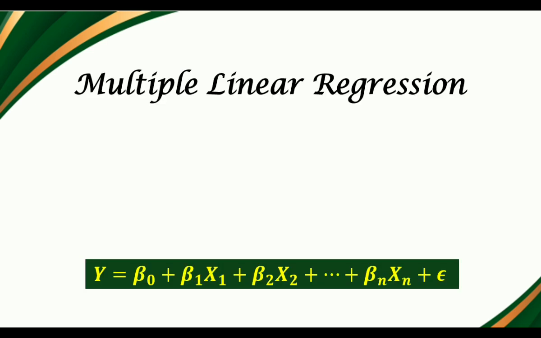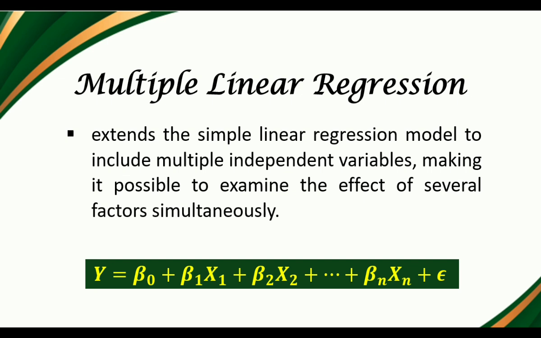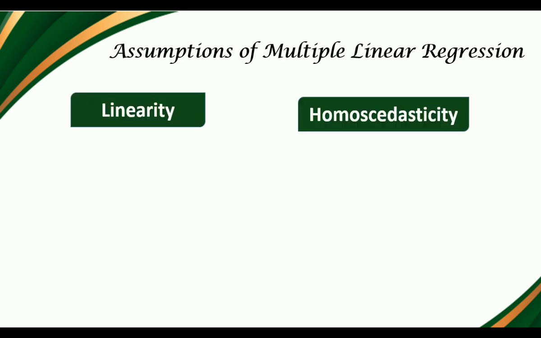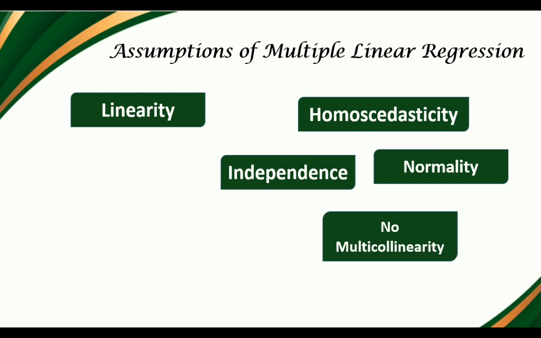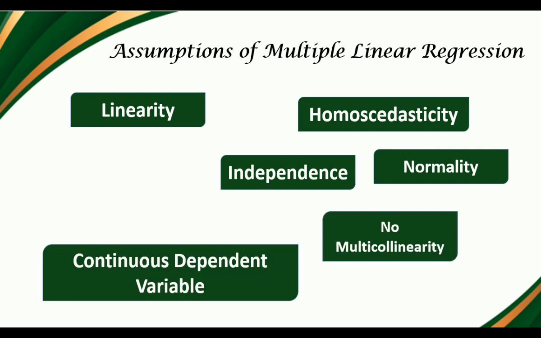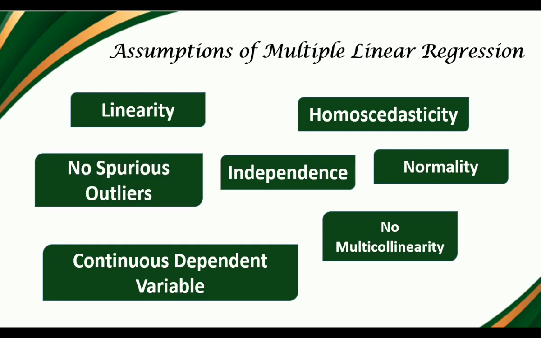Now, multiple linear regression, as discussed a while ago, involves more than 2 independent variables, and this is the equation that we have. Assumptions of multiple linear regression are just the same as simple linear regression, and also the dependent variable is measured on a continuous scale and there are no outliers in the data.